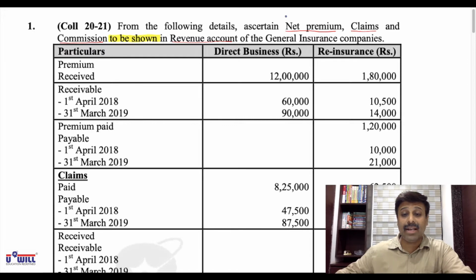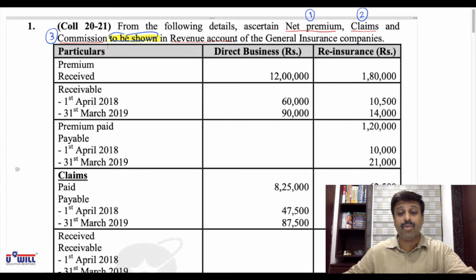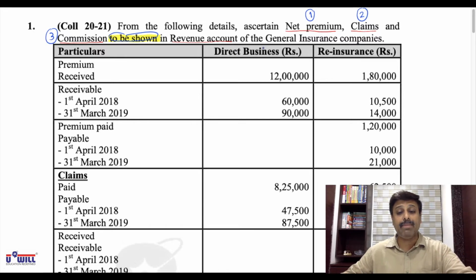Schedule number 1 shows the amount of premium, schedule number 2 shows the amount of claims, and schedule number 3 shows the amount of commission to be shown in the revenue account. So the revenue account is not to be made, only schedules 1, 2 and 3, where we will calculate the net premium amount, claim amount and commission amount which will appear in the revenue account.